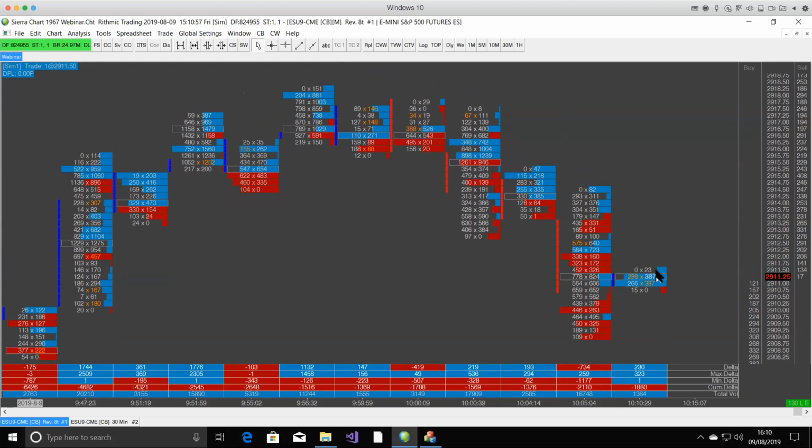So if we look in the 10.05 candle that's just closed, we can see at the top 4 price levels, we had positive delta. We've closed below it. So it's reasonable to assume that the aggressive buying at the top of this candle was absorbed by stronger sellers.